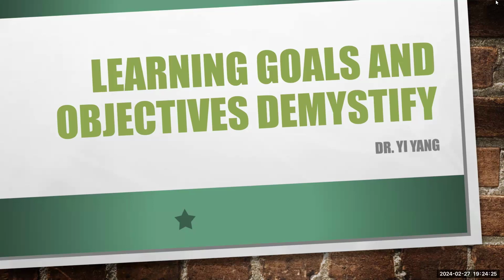So they could be general, like a goal could be better communication, and an objective can be that you're able to complete an outline or something like that.